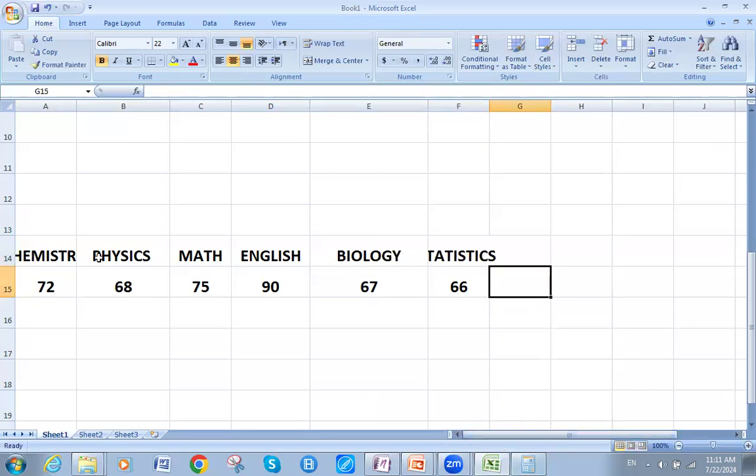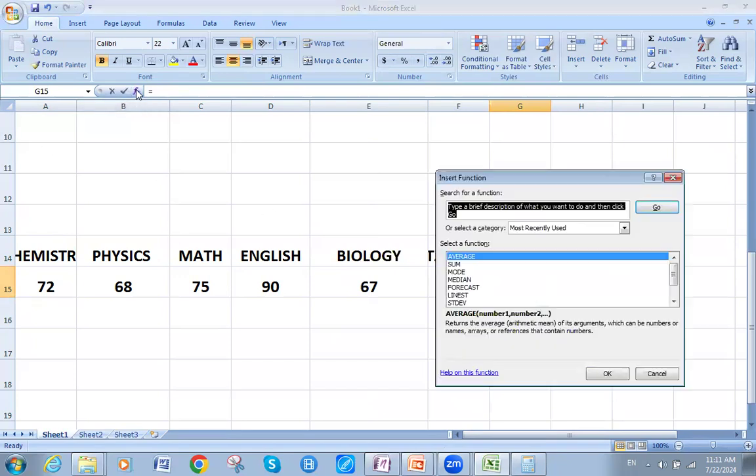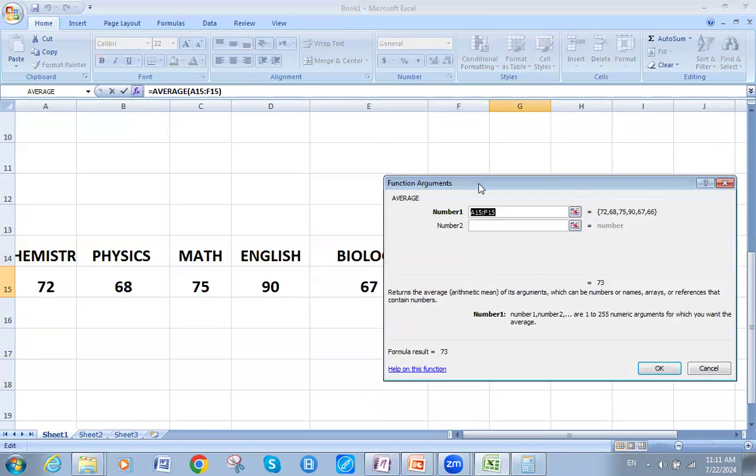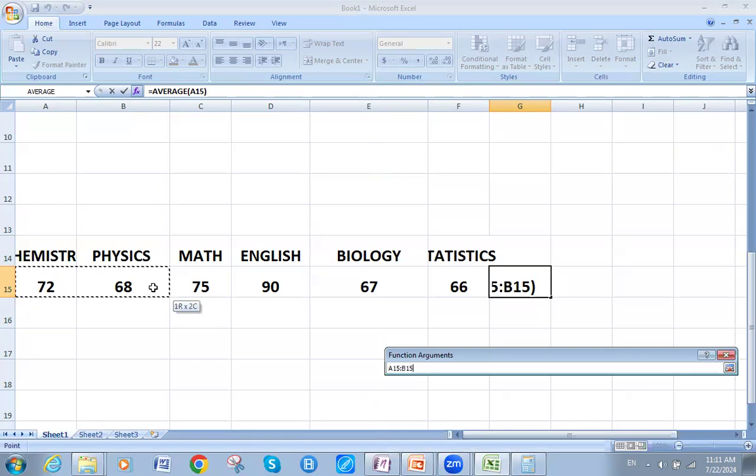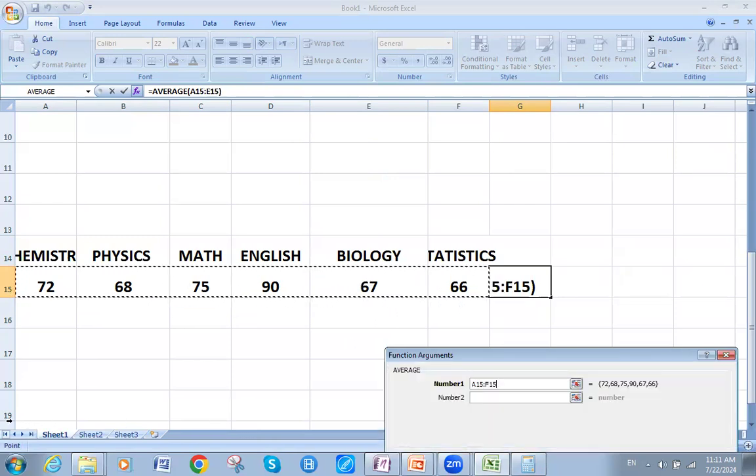He had in chemistry 72, physics 68, math 75, English 90, biology 67, and statistics 66. So first thing, I will go to the FX here and go to the average. Then I will determine my domain, or the area which I will work upon. The area is this area, then I will press.